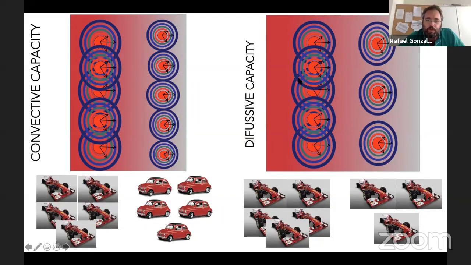When we talk about the impairment in diffusive capacity, we say that we have fewer vessels than in the normal condition. On the right side of the picture, we see how moving from having 5 different vessels with normal flow to having 3 vessels with normal flow would result in a decrease in the amount of oxygen that we can provide to the tissues.